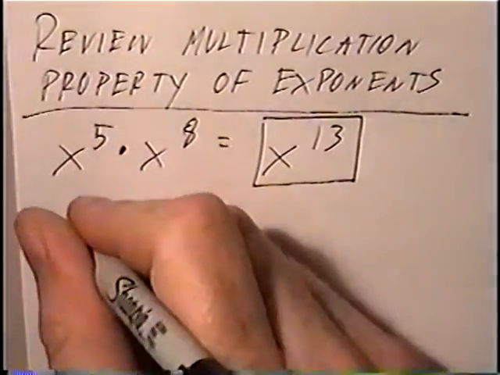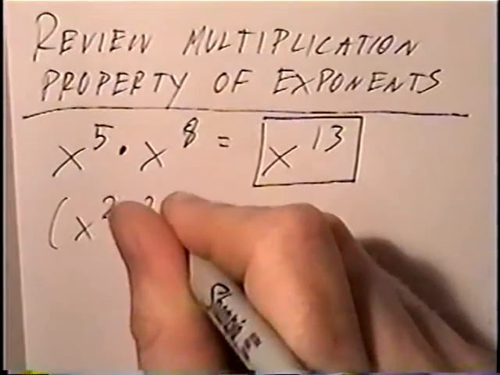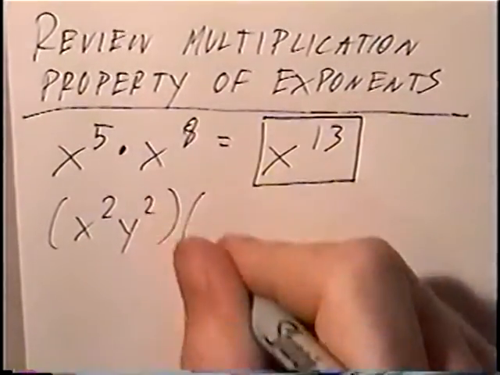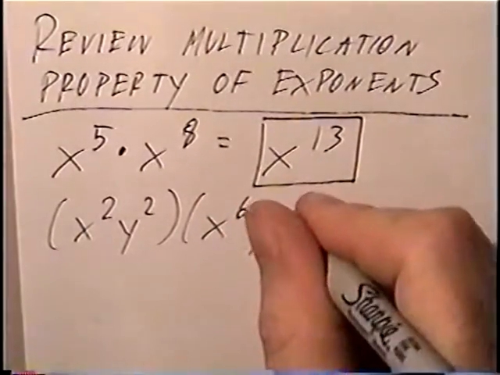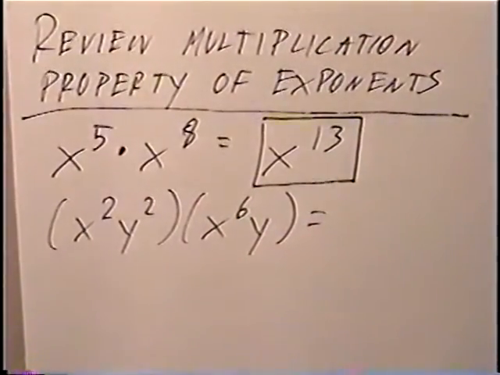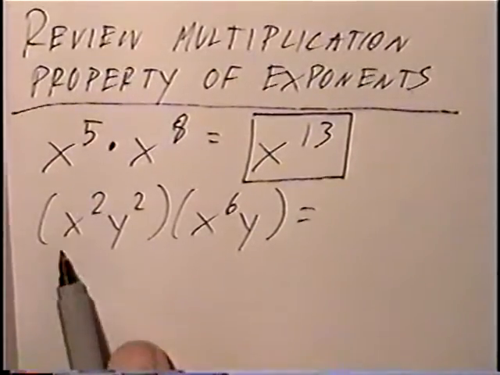Next question, in parentheses, x squared, y squared, and second parentheses, x to the 6th power times y. Simplifying, we can combine the like bases, or the same variables.